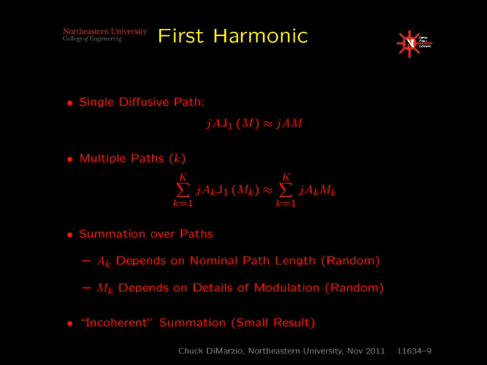M is also a random number because we don't know where that path went through the ultrasound. So we don't know what the phase of m is with respect to the original ultrasound wave. Therefore, this is a complex random number, zero mean, and the result is incoherent summation, which gives us a small result.